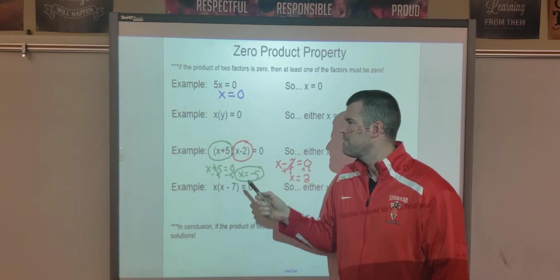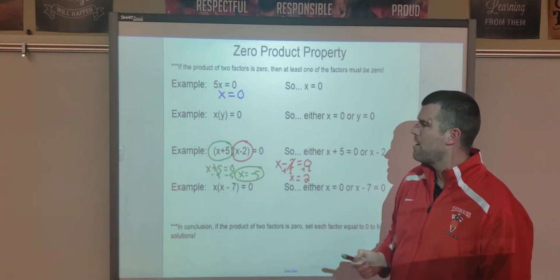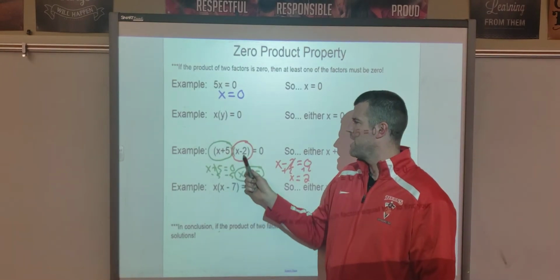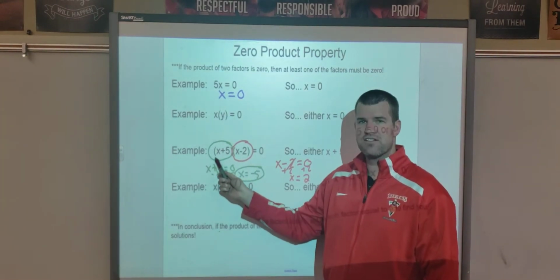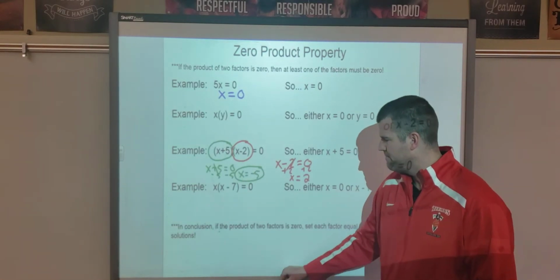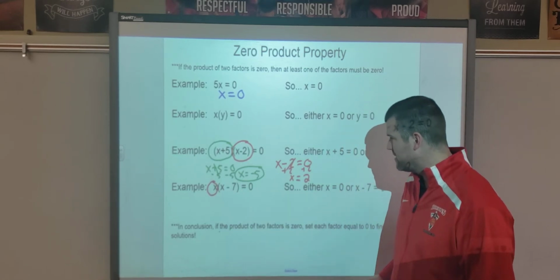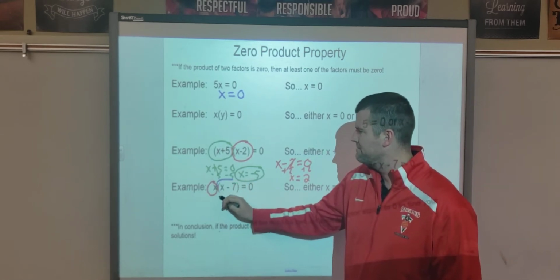So again, when we talk about the zero product property, it means if we multiply to 0, either the first factor is 0 or the other factor is 0. So again, in this one here, my first factor is x, and my second factor is x minus 7.